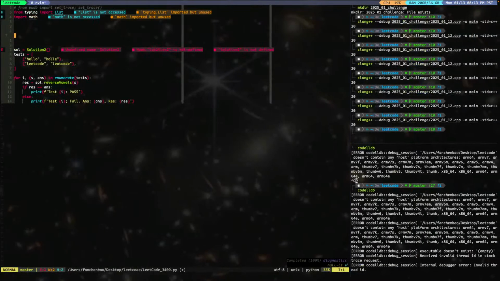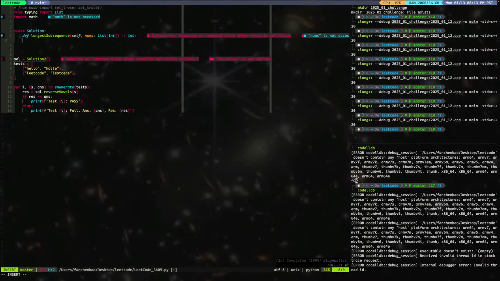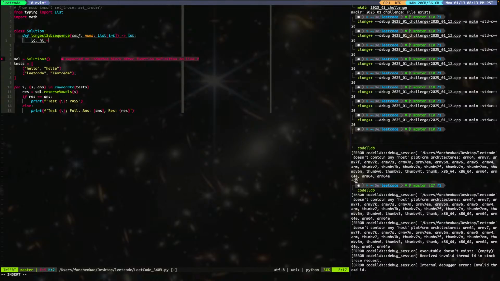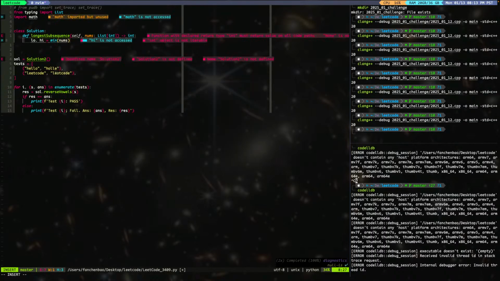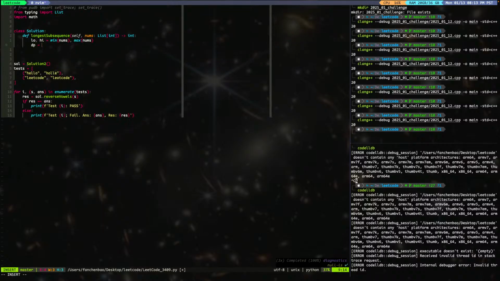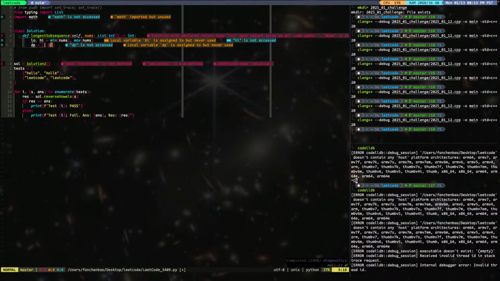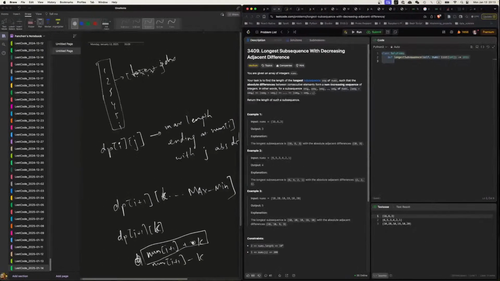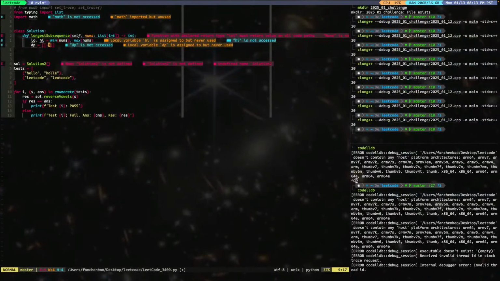Alright, so this idea will be, right? This minus 1. Hold a second. What do I hold? The length. Right, so the length, I think 0 is fine.